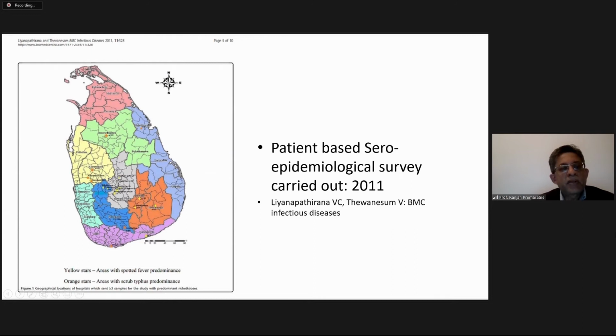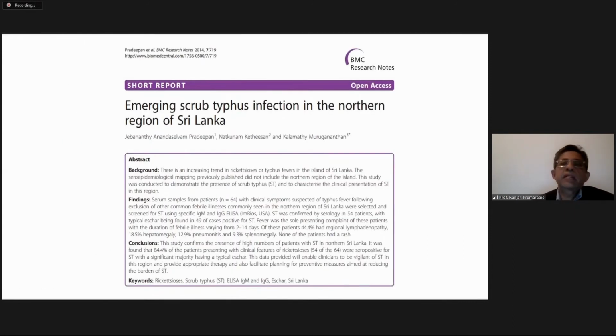We see peridomestic spread of spotted fever in the lowlands as well. Then there's another case study which I could retrieve from the internet. Jaffna, one of your colleagues, has described the clinical features of emerging scrub typhus in northern Sri Lanka, and I'll come to that paper later on.